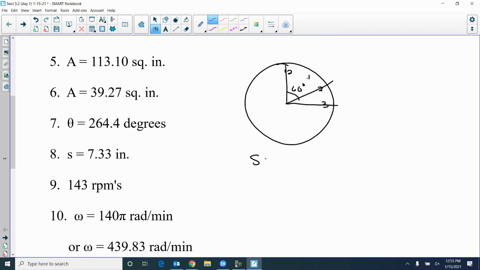Well, S equals R times theta. The R would be the length of the minute hand, which is 7 inches. Theta, we have to put into radians. The 60 degrees, change that to radians with pi over 3. So 7 times pi over 3 will give us 7.33. Okay, for that one.